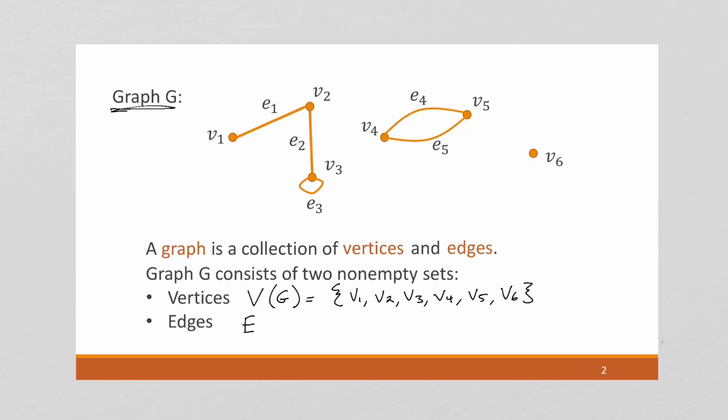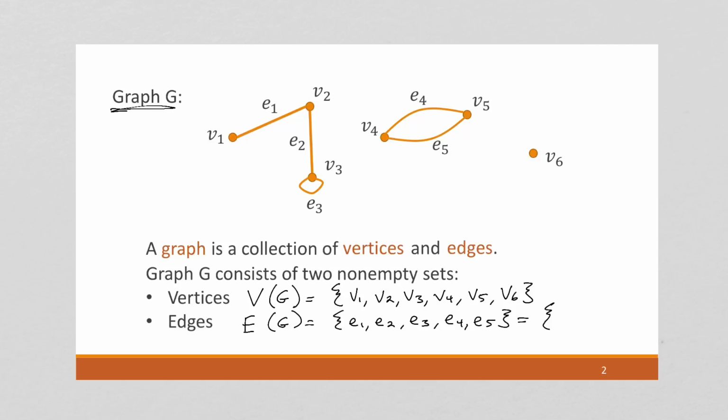Similarly, we're going to have a set of edges of G, and this is going to have E1, E2, E3, E4, and E5. Now, edges aren't always labeled as they are in this case, so if they're not labeled, what you would do is you would have a set.